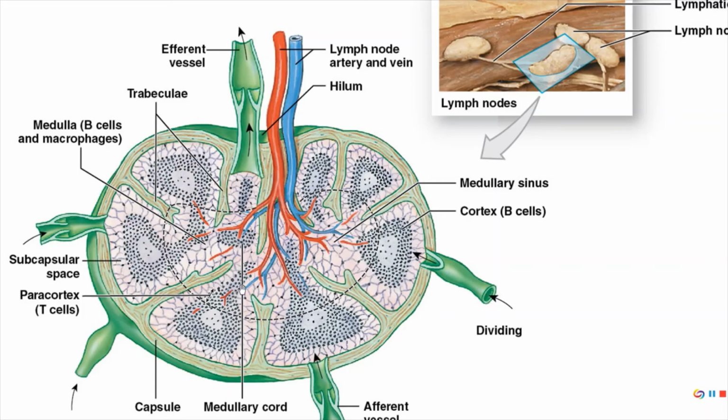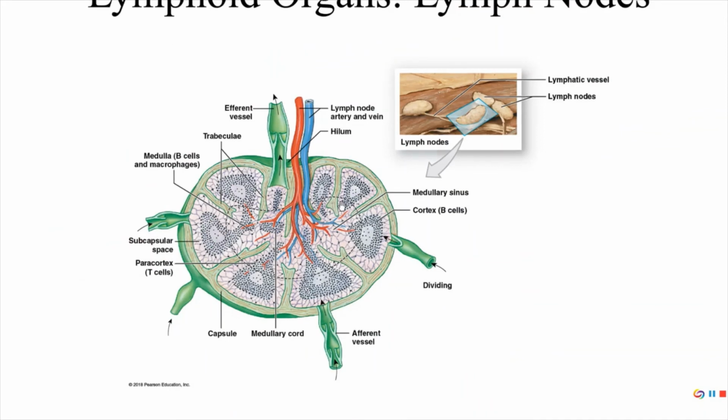And I'm going to have to replace this image to get that dotted line back. I used to have one that had two dotted lines on it. It was part of the art. This one just doesn't have it. And then you will see your efferent vessel exiting and the afferent vessels coming in. One of the ways you can tell this is an afferent vessel is the direction the valves go.